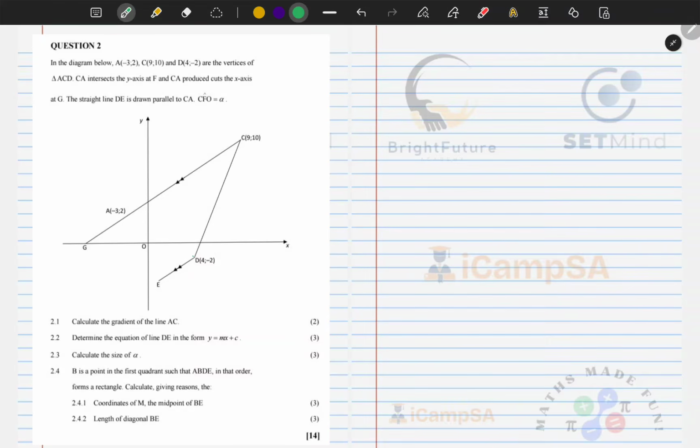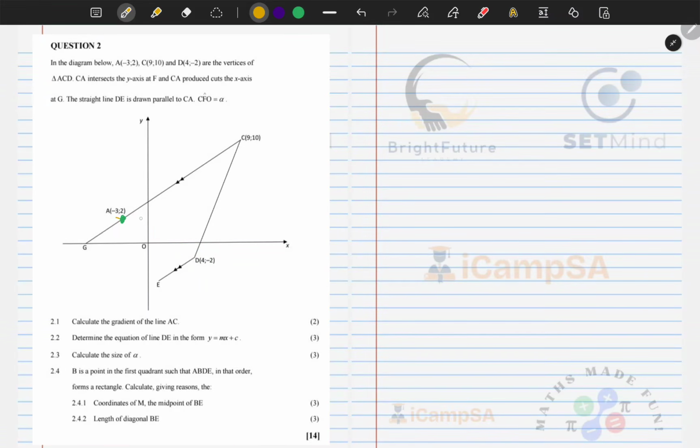They are telling us that CA intersects the y-axis, as we can see. So your A is probably here, and we were told that triangle ACD, so we are just going to construct a line to here, and we're going to call that line AD. So this is a constructed line.